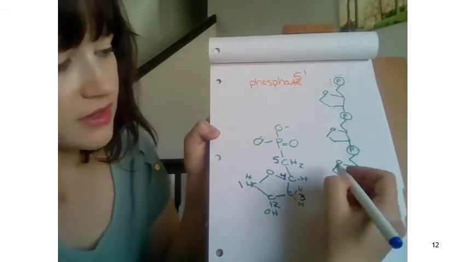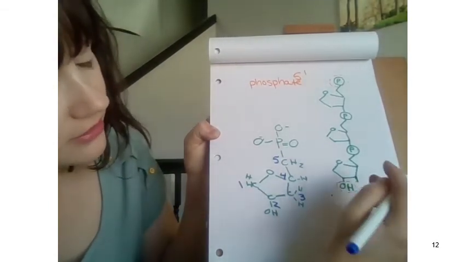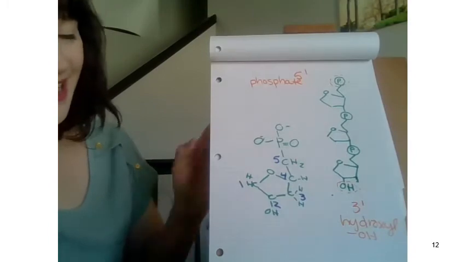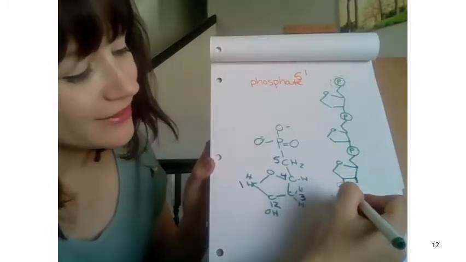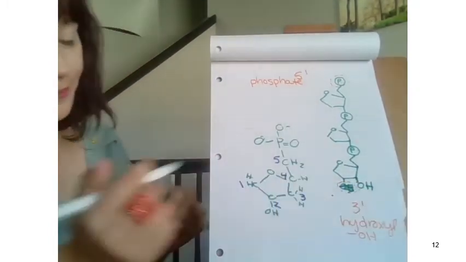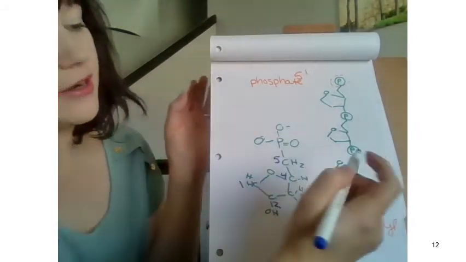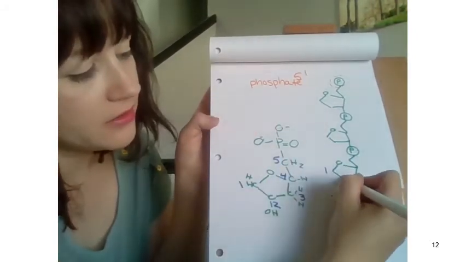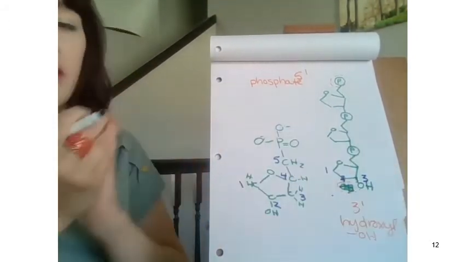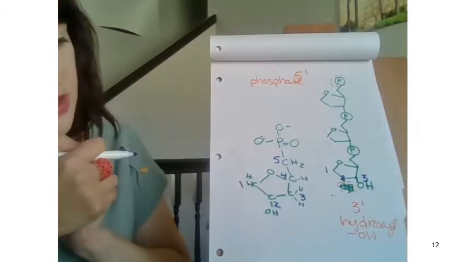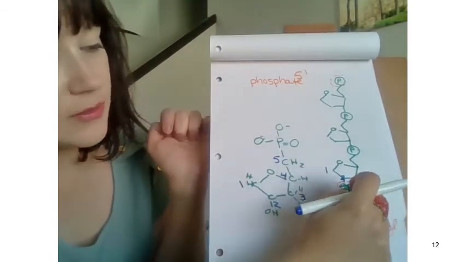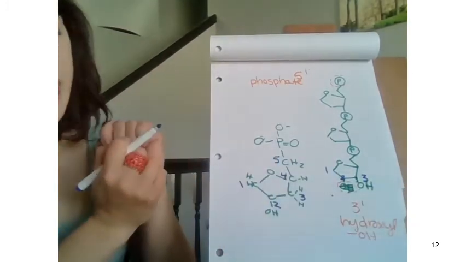Oh, I did draw it on the wrong spot. I had it in the right spot to begin with. All right. Our hydroxyl group is 1, 2, 3. It's on the 3rd carbon in this ribose, hence why it is called the 3' end.